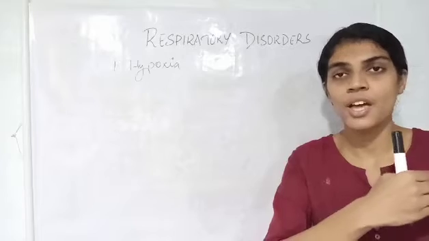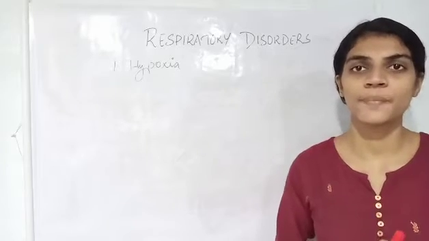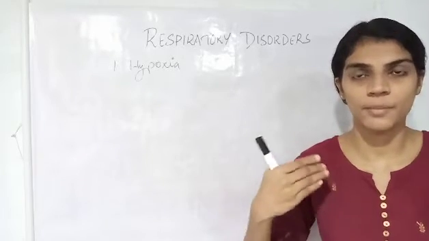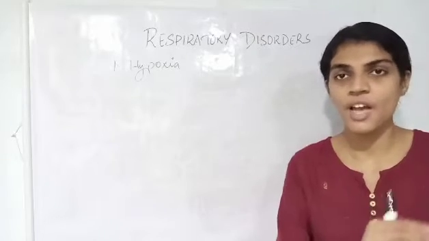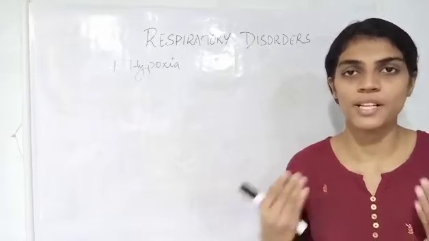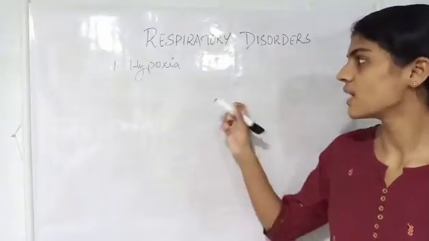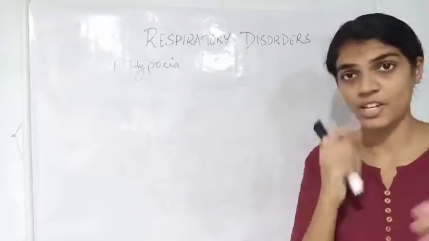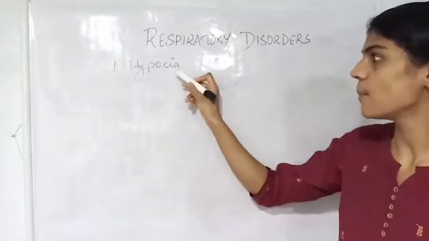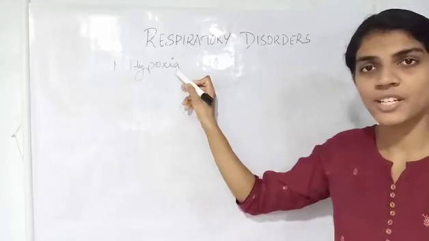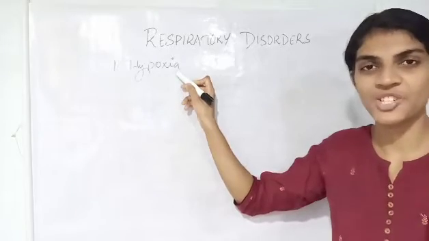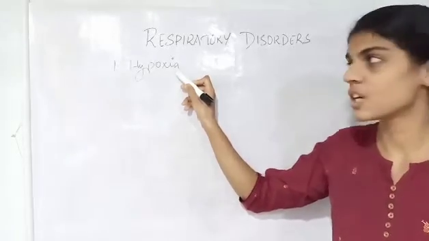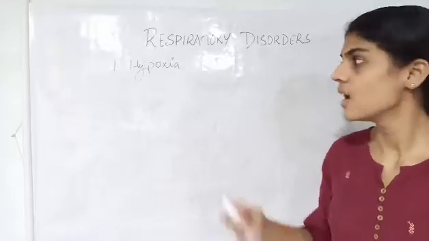If oxygen is not provided to the cells, they do not perform the metabolic activities and yield energy. So oxygen is very much essential for all the cells for the energy production reaction. If the tissues do not get oxygen, such a condition is known as hypoxia.